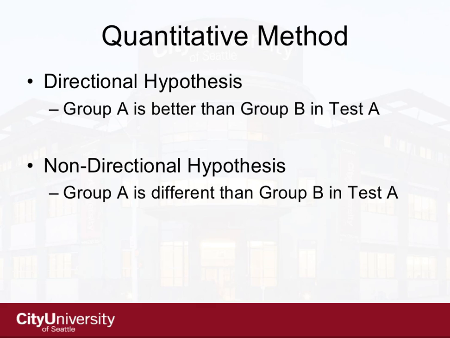So the directional hypothesis assumes that there is some direction, whereas non-directional just means there's a difference. Anytime you have a difference and you're not making any comparison, that's non-directional. If you're attaching inequalities, it is better, worse, or about the same, that's a directional hypothesis.